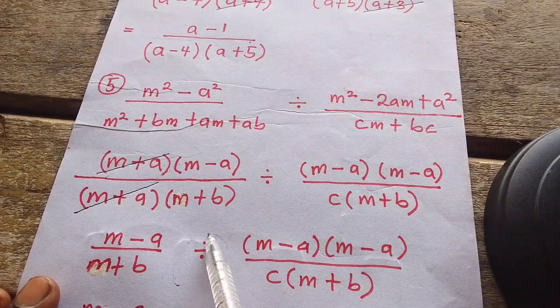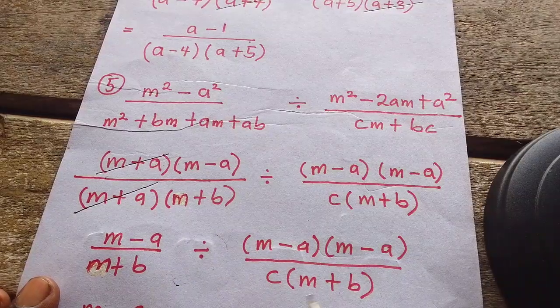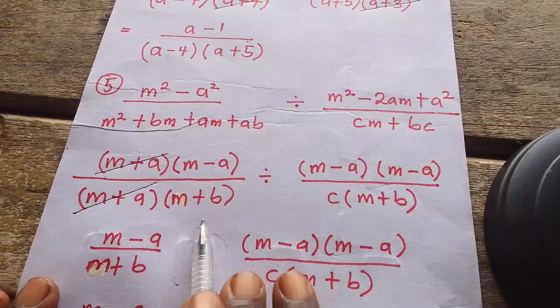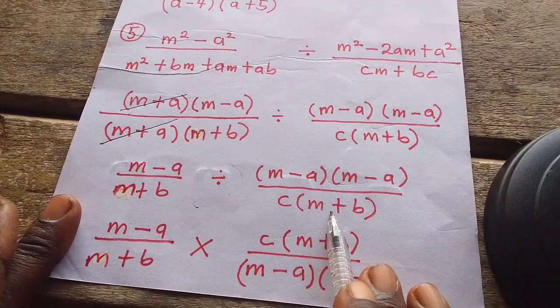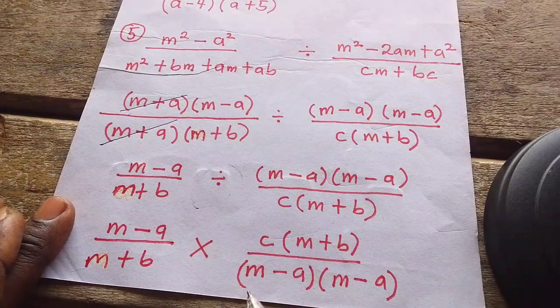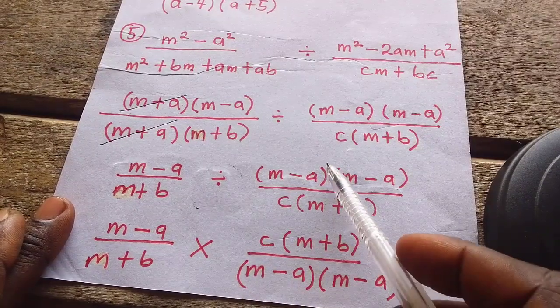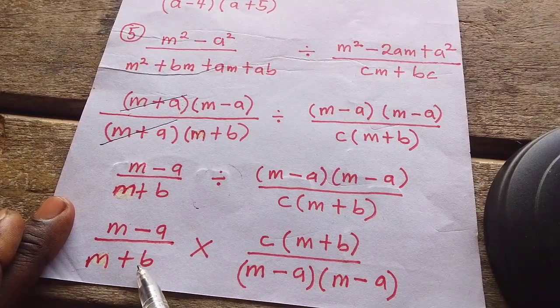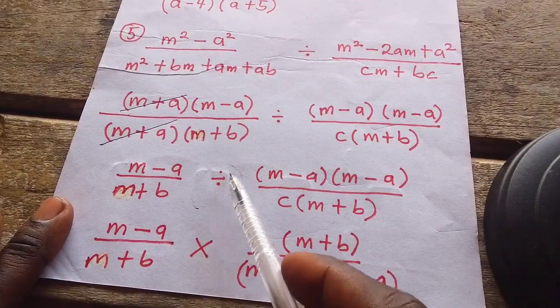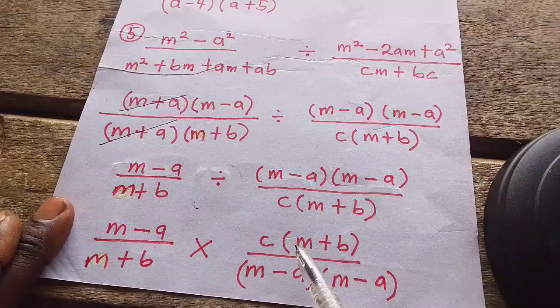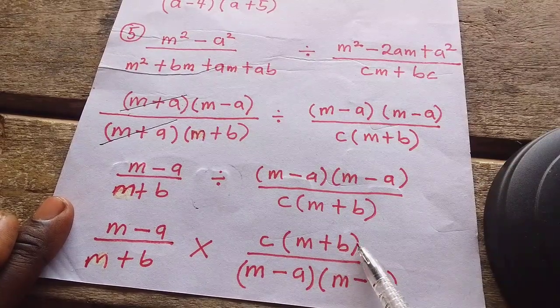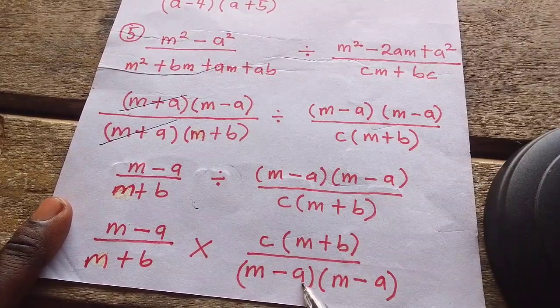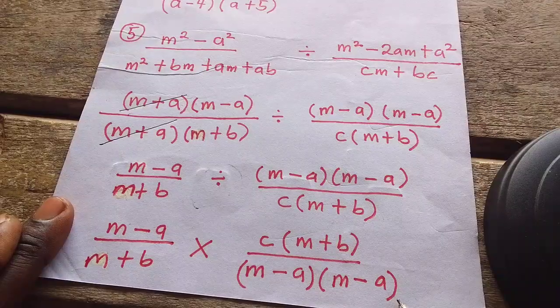Now we are going to turn this division to multiplication. When you turn this division to multiplication, the one at the back here will turn upside down. So this one here will come up and this one will come down. So m minus a divided by m plus b, when you change division to multiplication, c into bracket m plus b will come up over m minus a times m minus a.